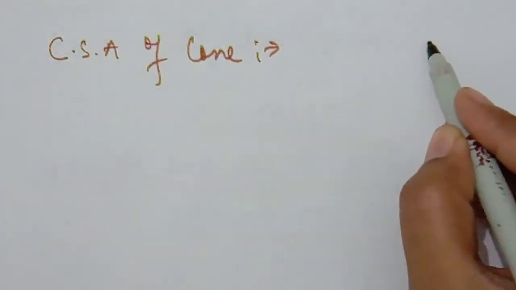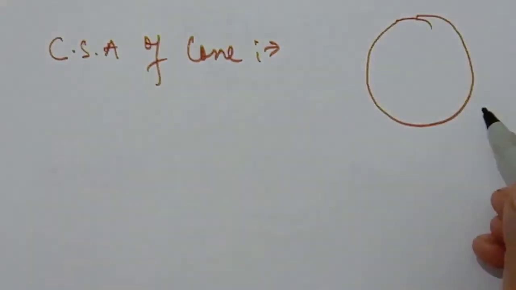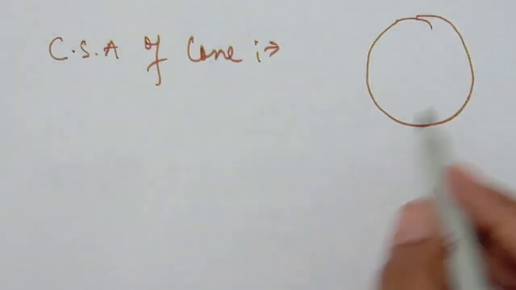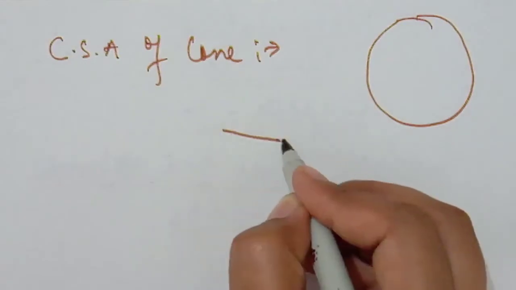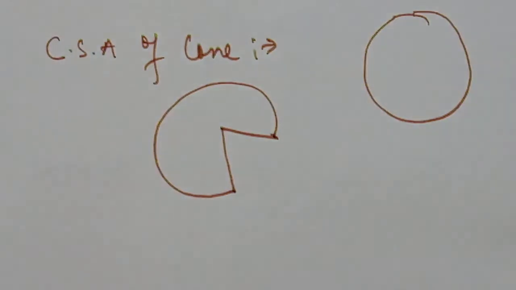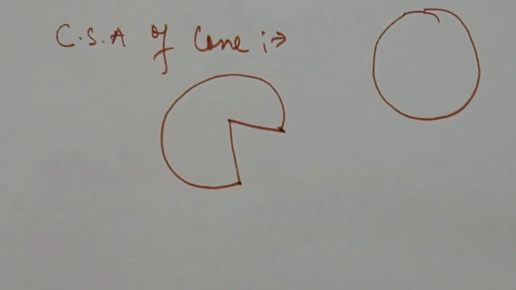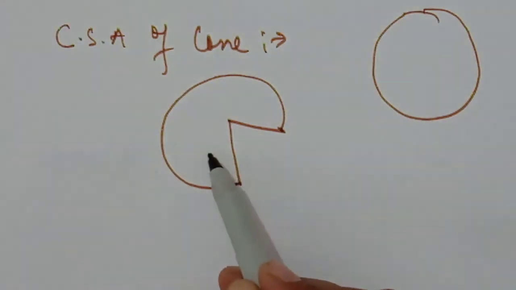When we have a paper of a circle, present as a semicircle or a part like this, and we open a birthday cap, you already know that birthday caps are in the shape of a cone. When you open it, the paper is present in the shape of a sector like this.